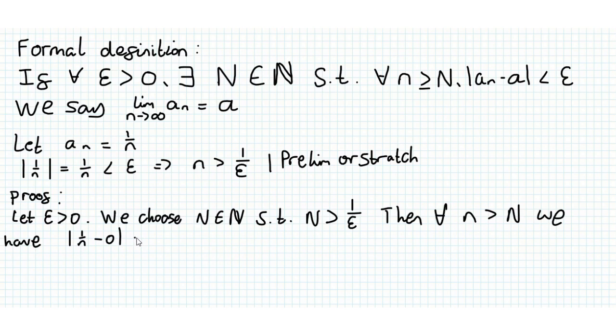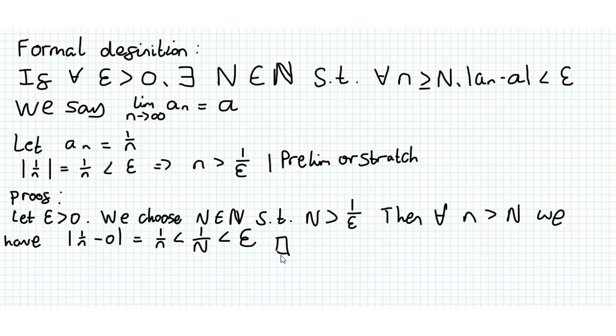But since n is greater than big N, 1 over n is less than 1 over big N, and because of the way we've chosen N, so N's greater than 1 over epsilon, this is less than epsilon. And that's our proof completed, okay, that's all you have to do.